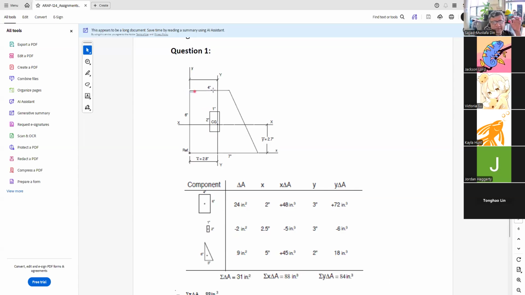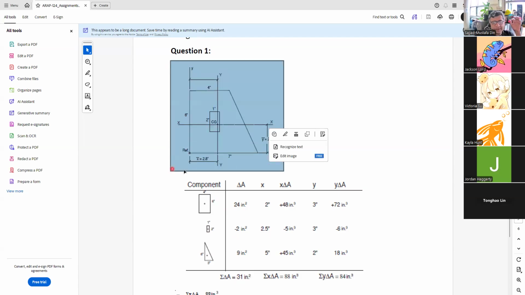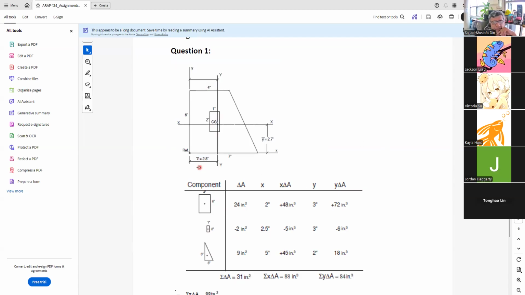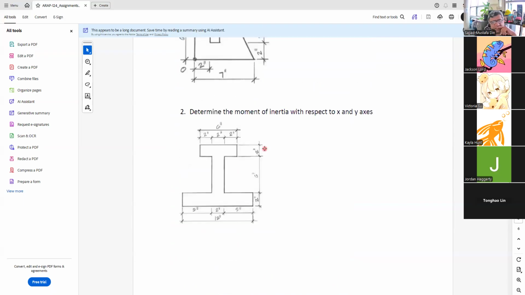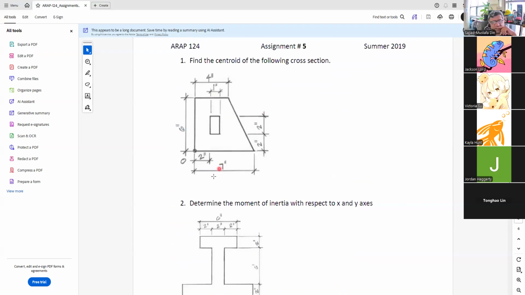Now, the third is, remember, half base times height. If this is 4 inches to this distance, and this distance, what is it going to be? Let's see if I can find it. We have to determine what this distance here is. Let's go back to the question and see if I can find it. There you go, the question gives it.